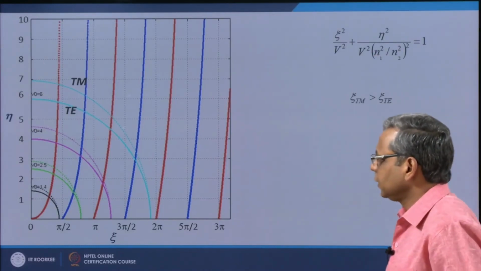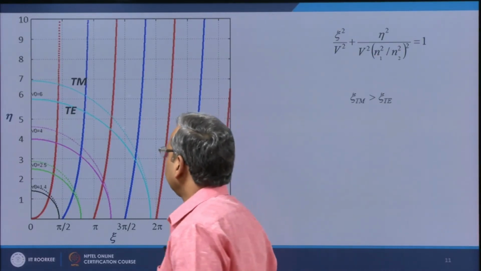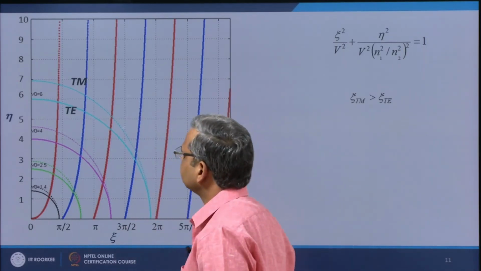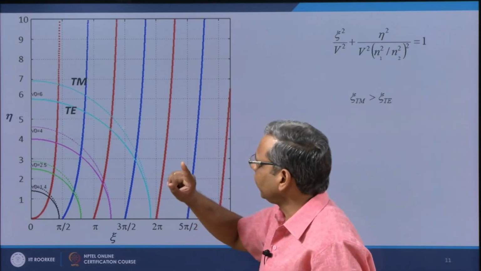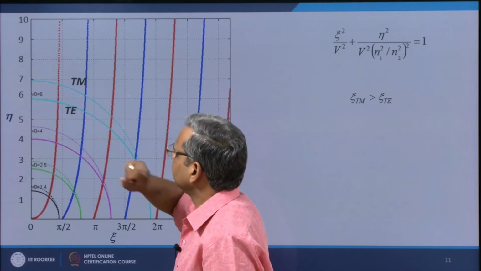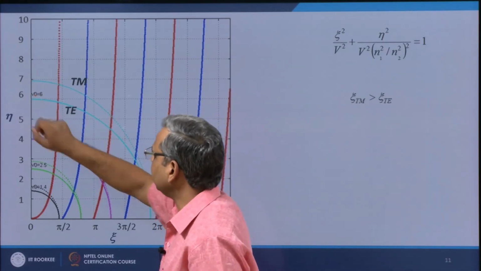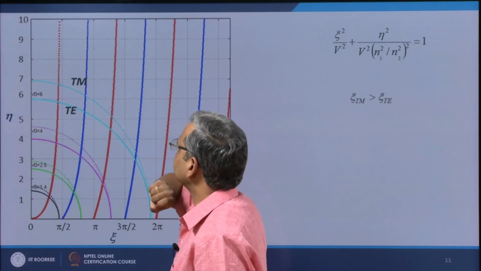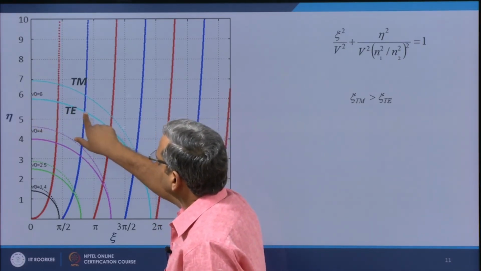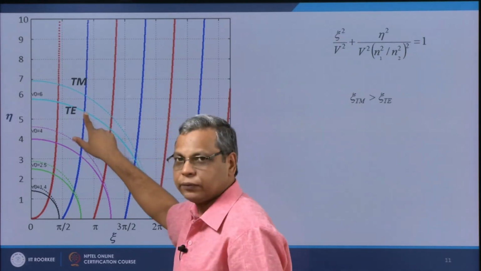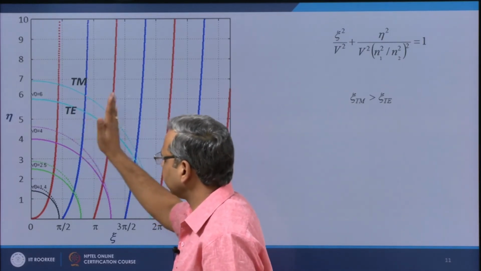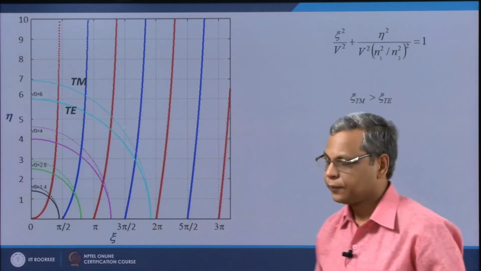What I see here, if I take a particular value of V and see the points of intersection of these TE and TM modes, then for example, for V is equal to 6, the point of intersection corresponding to the TE mode is somewhere here, and for the TM mode it is at a slightly larger value of xi.